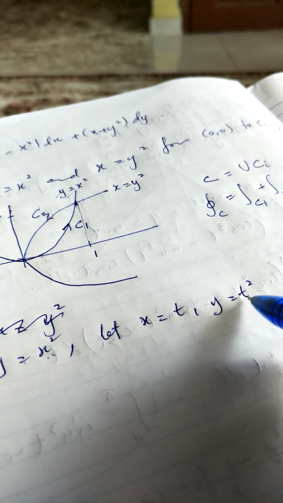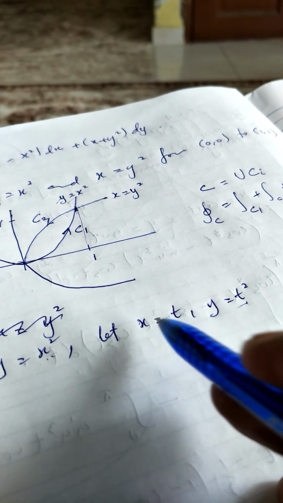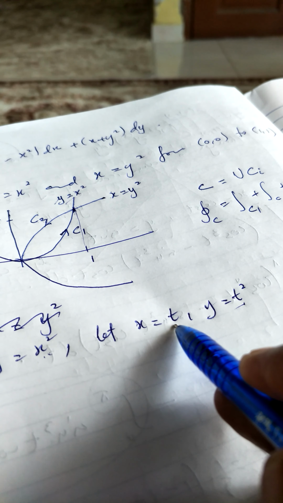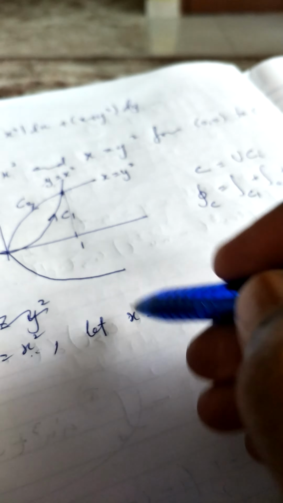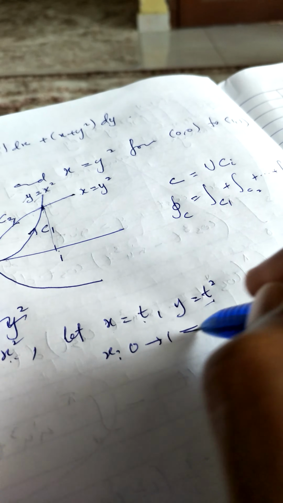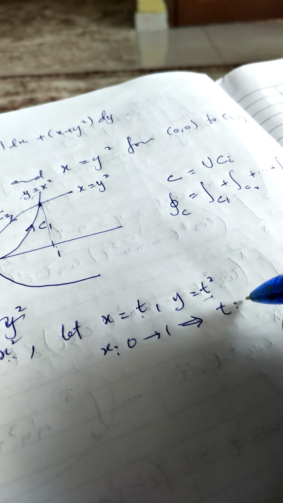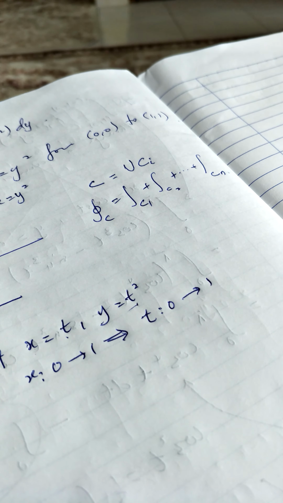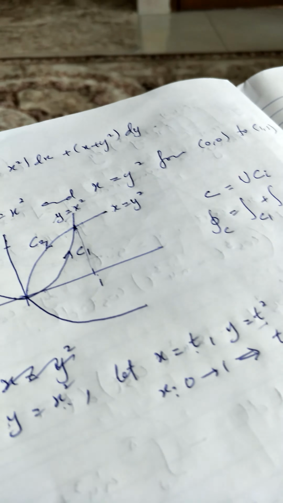What about the limit for t? Since x equal to t and x from 0 to 1, our t is also from 0 to 1, because x equal to t. Okay, now you can substitute.